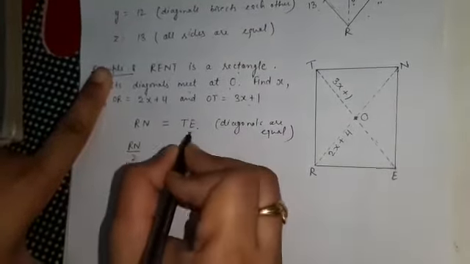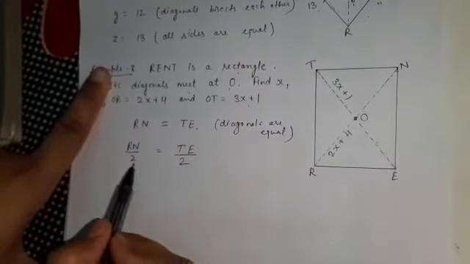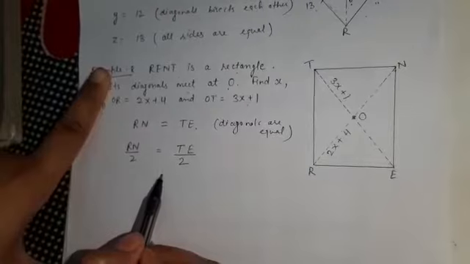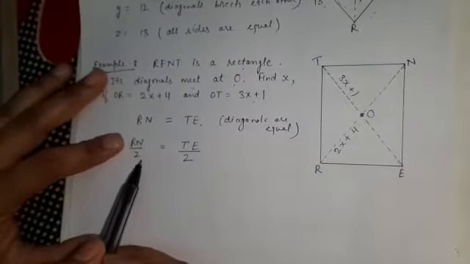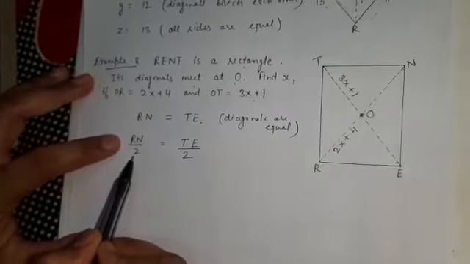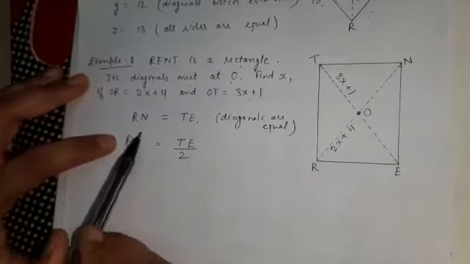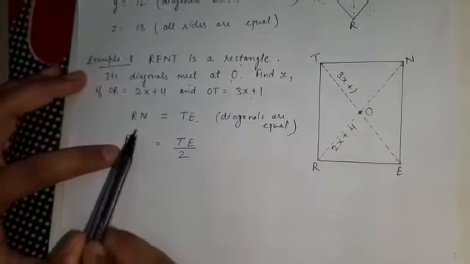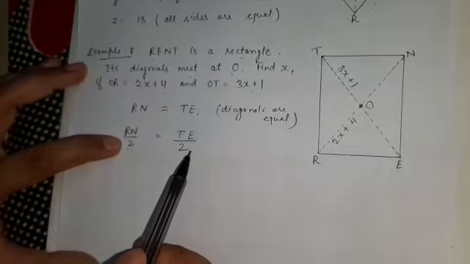If RN and TE are equal in length, their halves will also be equal in length. To represent half of something, we just write division by 2. RN divided by 2 represents half of RN, and TE divided by 2 represents half of TE.